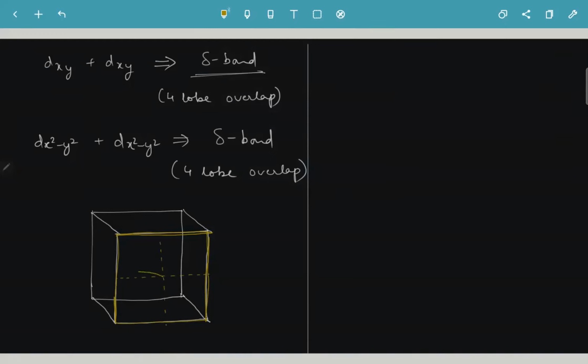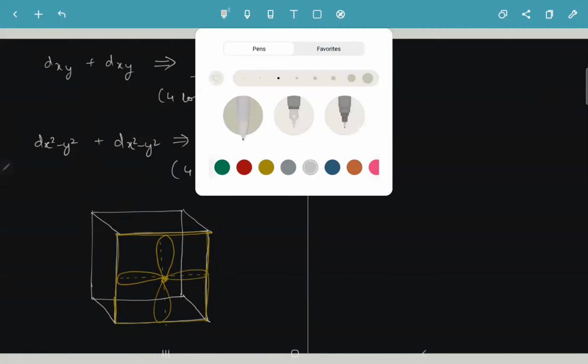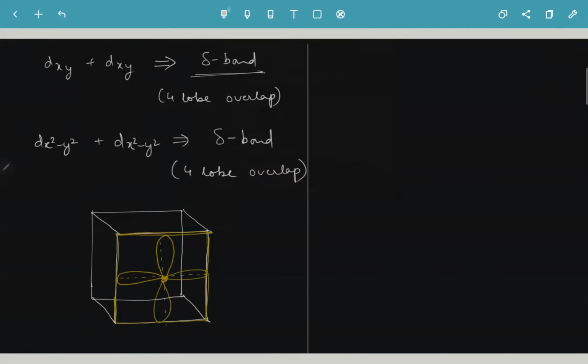We'll have d orbitals like this. And another d orbital on the other face of the cube.